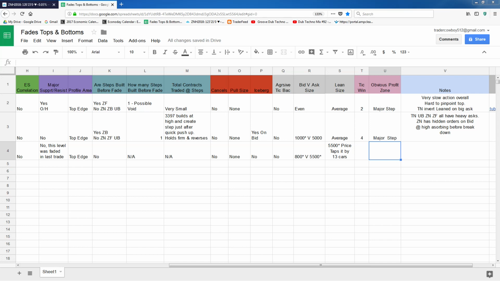Let's see what happens in that trade if the TN even goes up there. The TN's off by 2 ticks. I want to see if this TN creeps up.